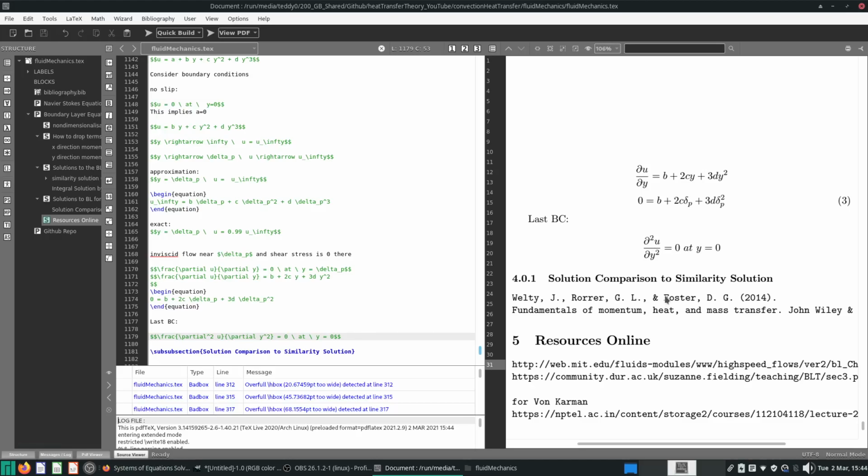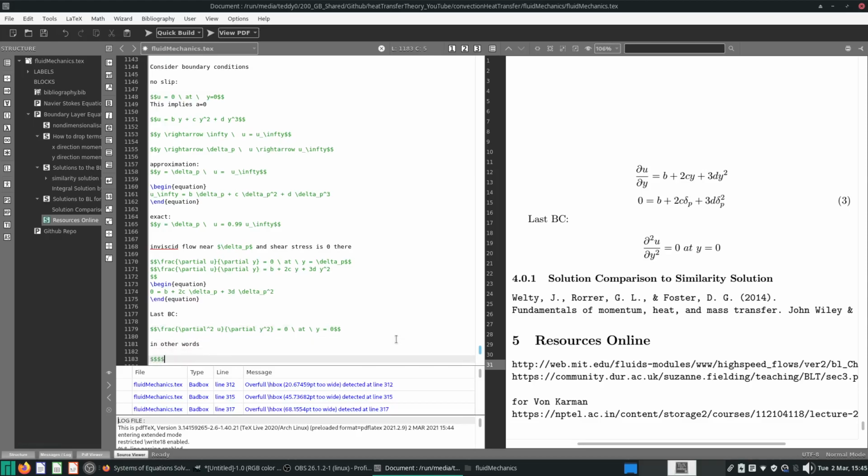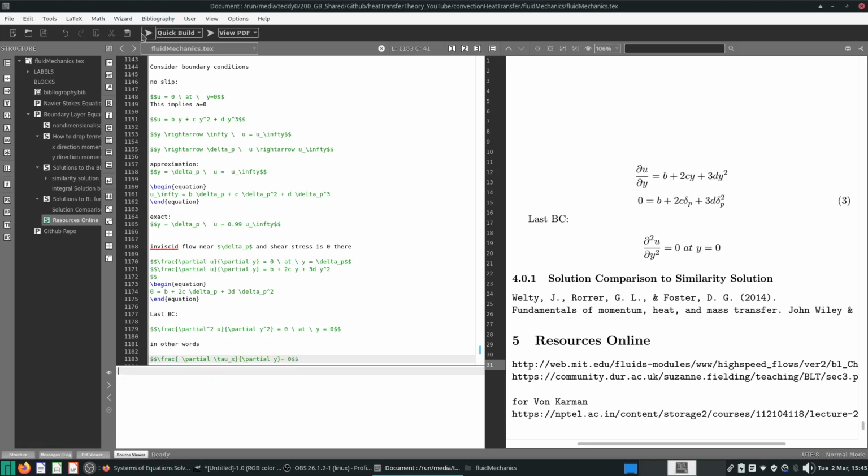We know du dy has something to do with shear stress, right? So what this is saying, in other words, is that partial tau x partial y equals 0 at the wall.